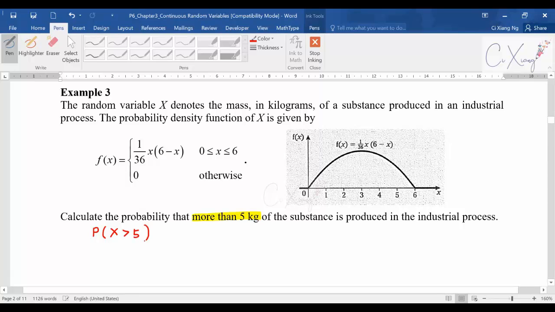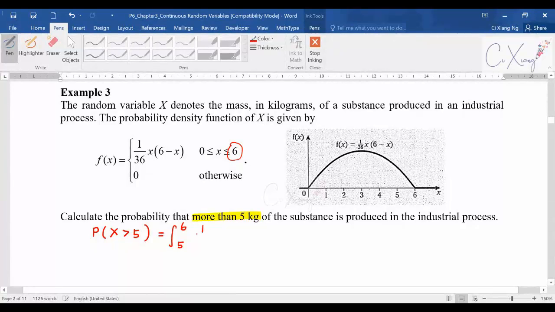How do you find the probability for x more than 5? Again, you integrate from 5. Is it until infinity? No. What is the largest value in the function defined? The largest value is up to 6. So integrate from 5 until 6. This is not infinity here, it should be 6 only.